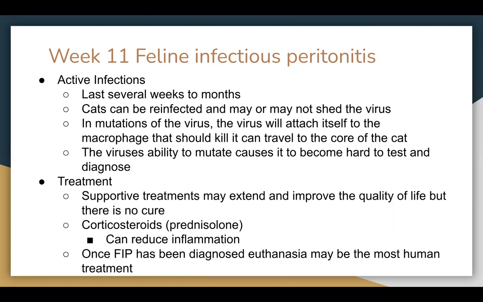The virus's ability to mutate makes it hard to test and diagnose. Treatment is usually supportive and may extend and improve the quality of life, but there is no cure. Prednisone can be used to treat inflammation. And then once FIP has been diagnosed, euthanasia may be the only humane treatment.